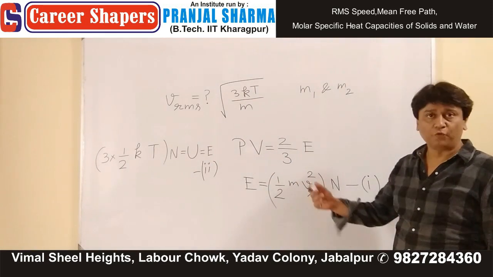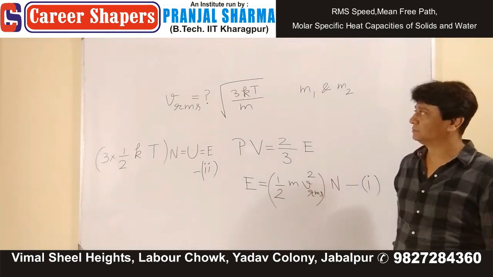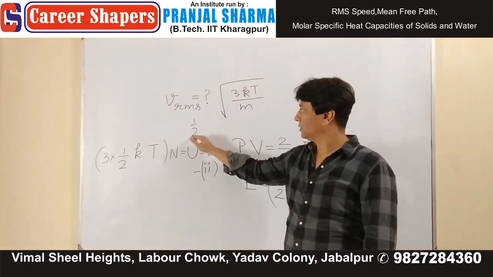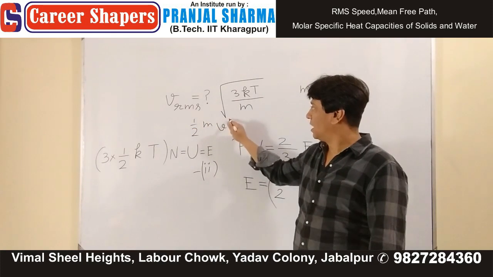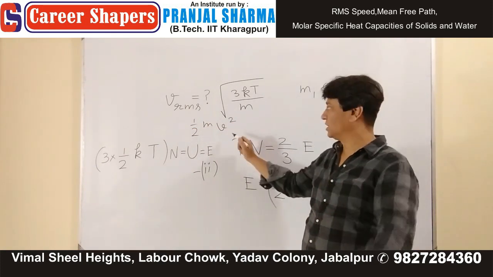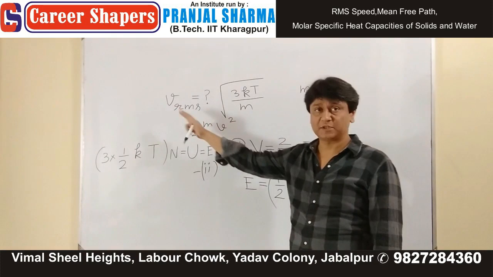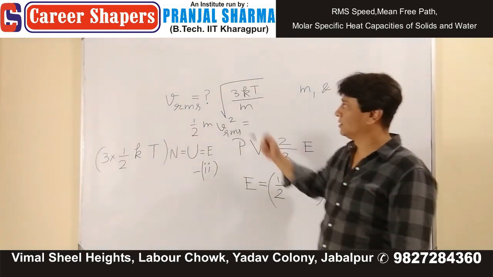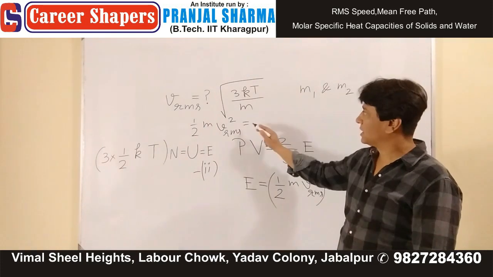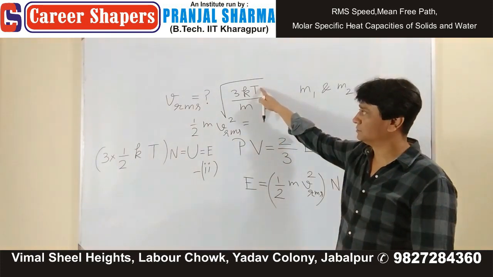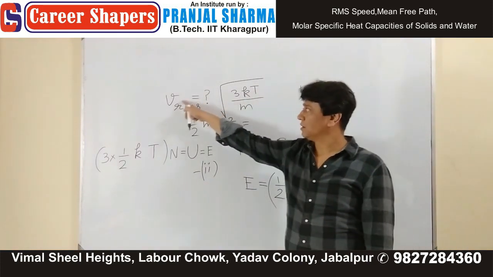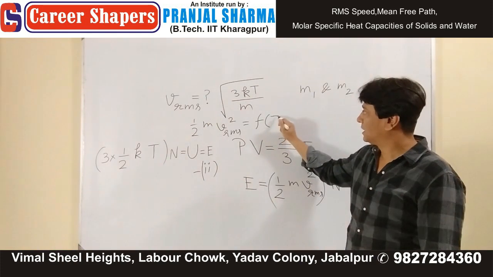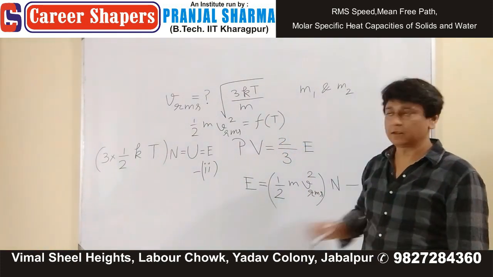So if I go for half m v square, v is the average, RMS type of average. So this half m v square is a function of k and T. The whole thing is a function of temperature only.